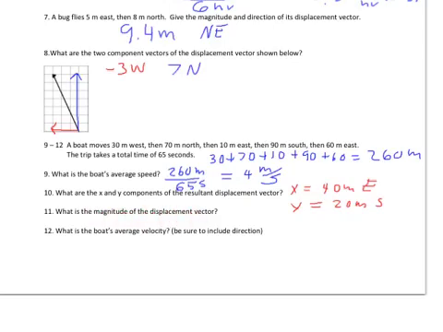Well, to find the magnitude, I have to use the Pythagorean theorem. So I have to say x squared plus y squared equals resultant squared. So I'm going to do this down here, kind of out of the way. 40 squared plus 20 squared, and if I take the square root of that, that's going to equal the square root of r squared, so that's going to equal my resultant.